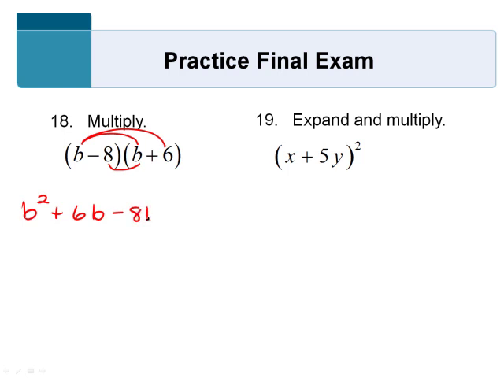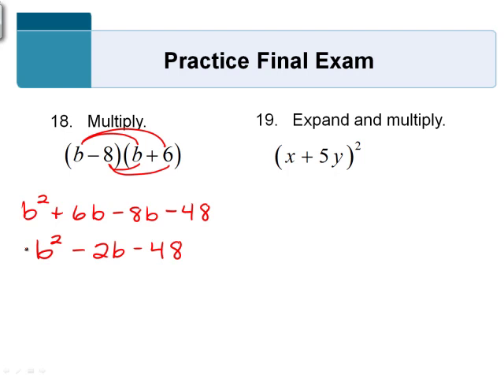That would be negative 8b. And the last, negative 8 times 6 would be negative 48. So bring down b squared. 6b minus 8b would be negative 2b, or not 2b, a little bit of Shakespeare, minus 48. And that is your answer.